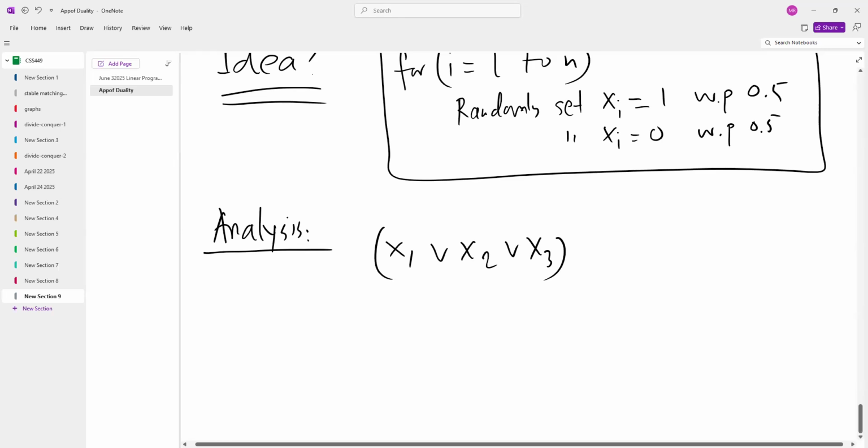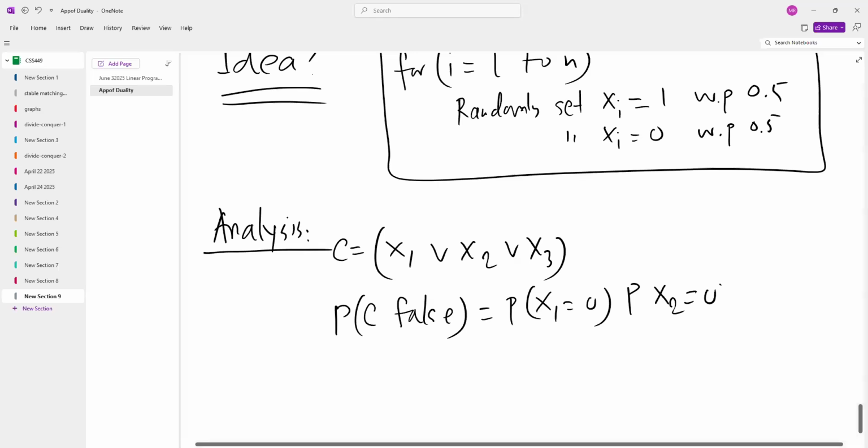So the probability that this clause C is false is the probability that x1 is assigned 0, times the probability that x2 is assigned 0, times the probability that x3 is assigned 0.